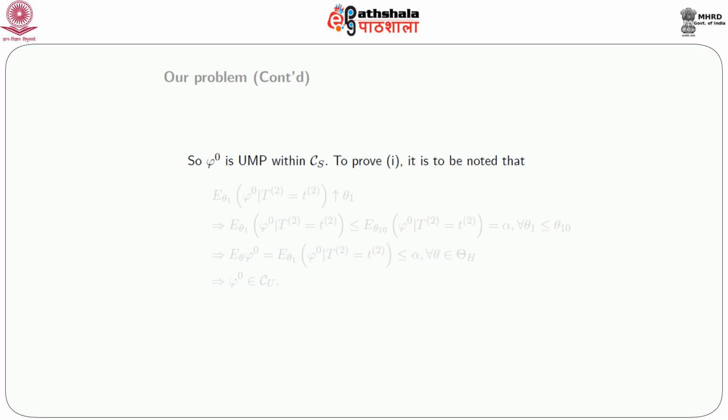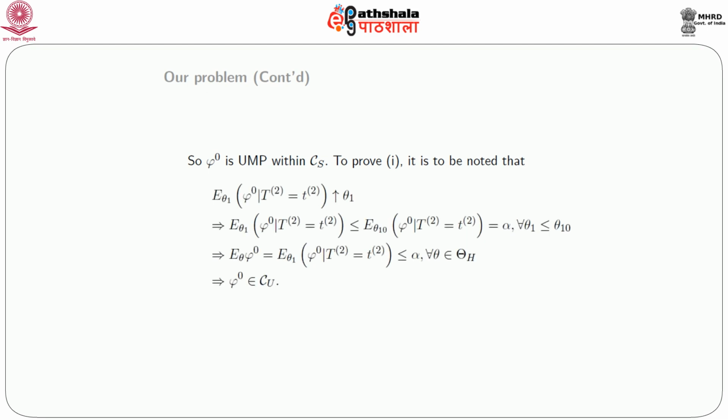To prove 1, it is to be noted that the expectation under theta1 of phi naught given T2 is increasing in theta1. This implies the expectation under theta1 of phi naught given T2 is less than or equal to the expectation under theta1 naught of phi naught given T2, which is equal to alpha for all theta1 less than or equal to theta1 naught.